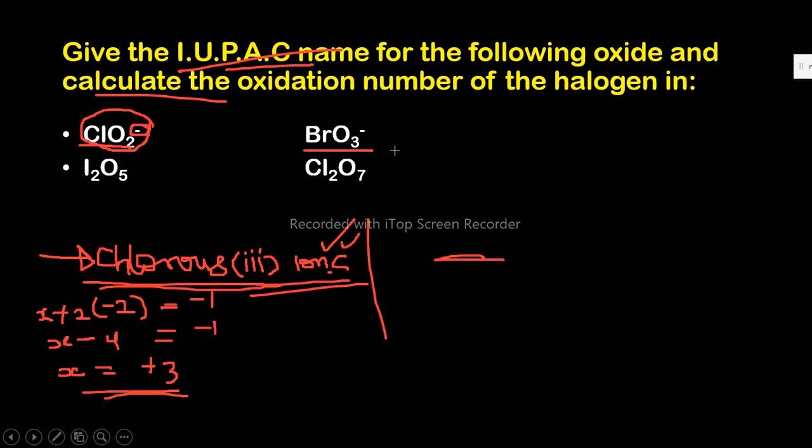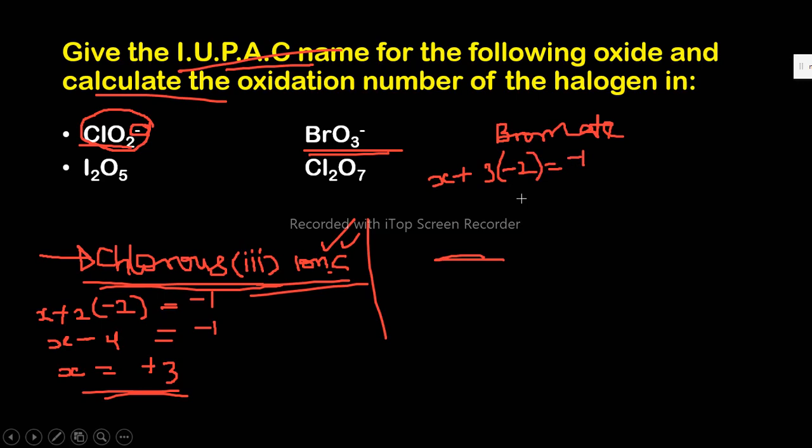Then for this one, now this is a halate. And which halate? Bromine. So it is a bromate. Now, bromate, then we calculate the oxidation state of bromine in this compound. We don't know it, so let's call it X plus 3 into the oxidation state of oxygen should be equal to minus 1.